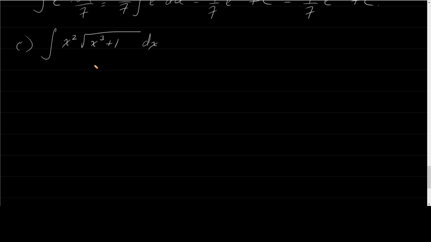What we're looking for is some part of this that has a derivative somewhere else. So I'm going to start with u being x cubed plus 1. Then du would be 3x squared dx. So therefore dx would be du over 3x squared.